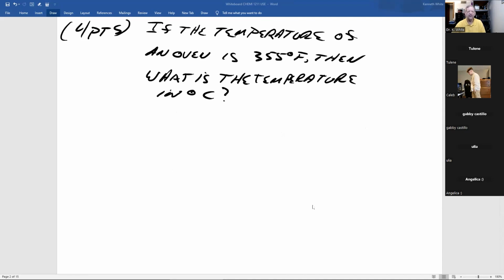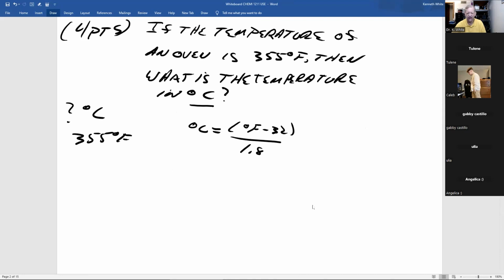So if the temperature of an oven is 355 degrees F, then what is the temperature in degrees C? So what are we being asked to find? Degrees C. What are we given? And from important information, test number 1, you'll know degrees C equals degrees F minus 32 divided by 1.8.